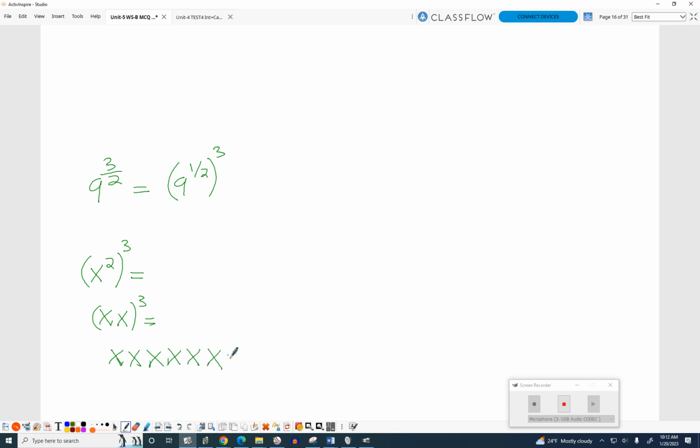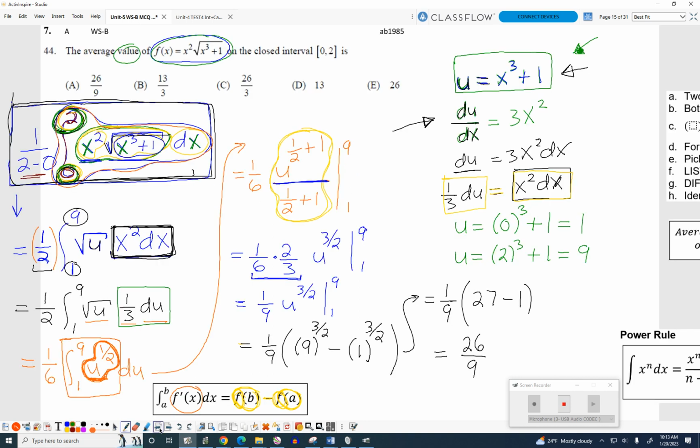Yeah, that was a bad example. So that means these exponents are multiplying, right? What's 1/2 times 3? 3 halves. But what's 9 to the 1/2, Piper? 3. Good, so now I have 3 to the 3rd power. That's 27. That help? Yes. Cool. We're done. Stop the video. Any questions?